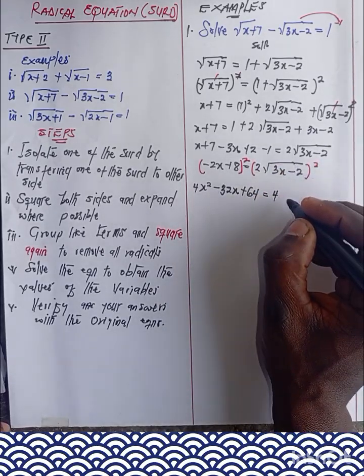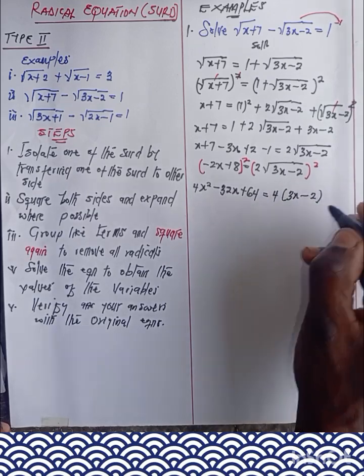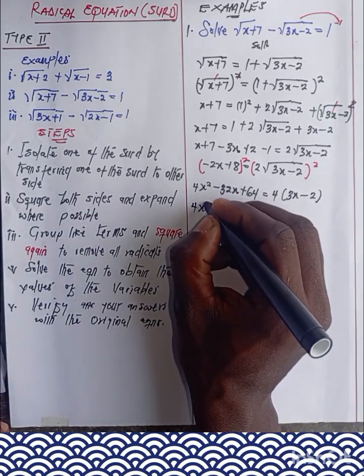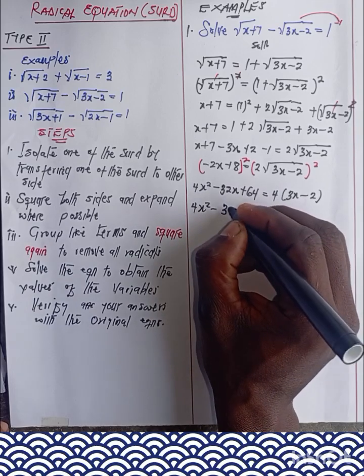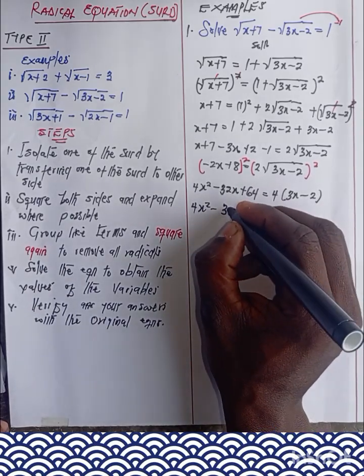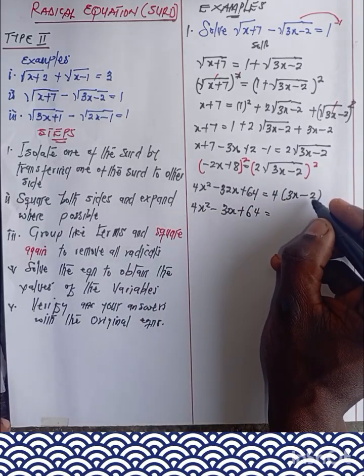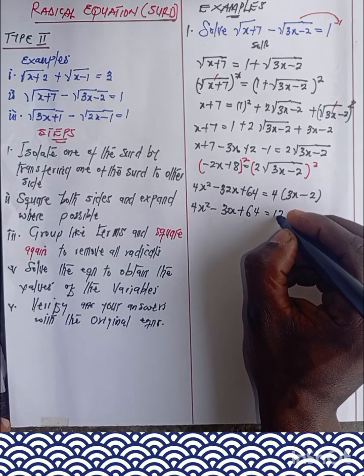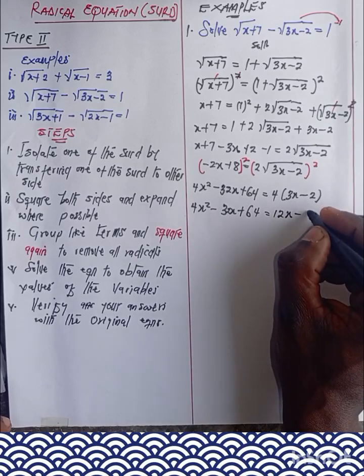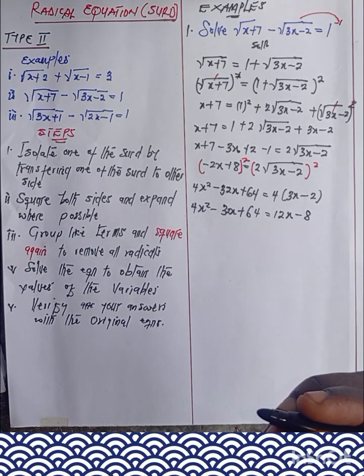And then these two will cancel the radical sign. So we are left with 3x minus 2. So you expand this bracket, 4 times 3, 12, 4 times 2, 8. Let's group like terms again and then see what we are coming out with.